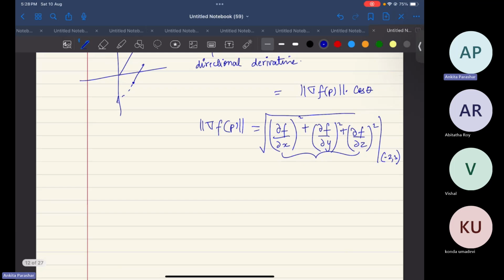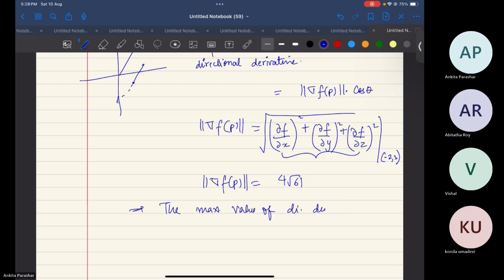So this value I think is going to be 4 times root 61. I think this is the value. So this is the maximum. This fact will tell you that the maximum value of the directional derivative is 4 root 61.